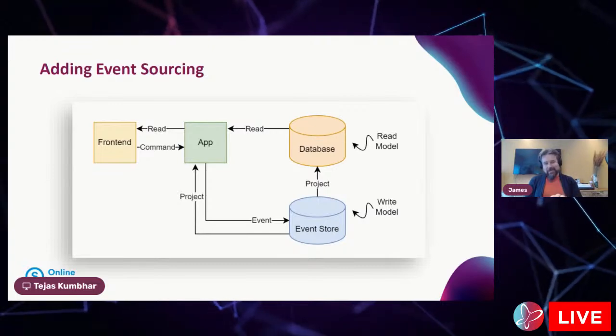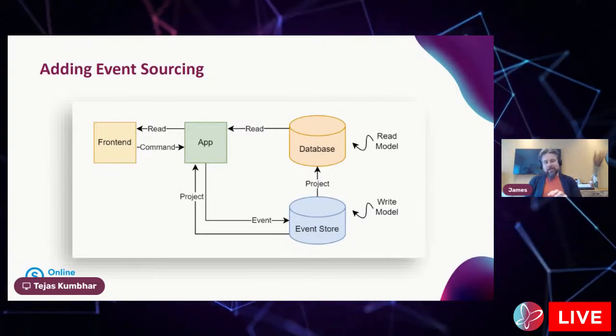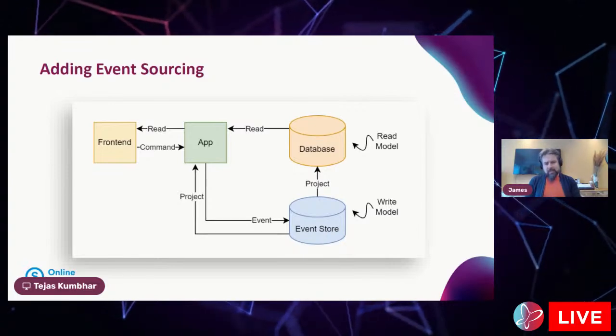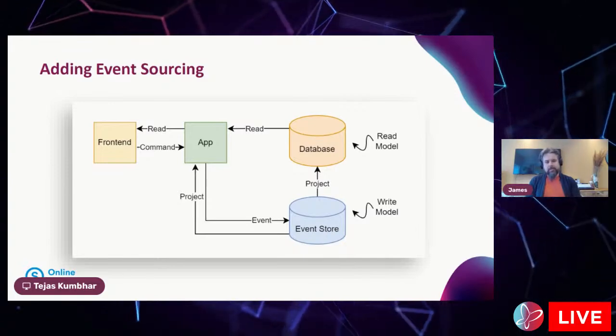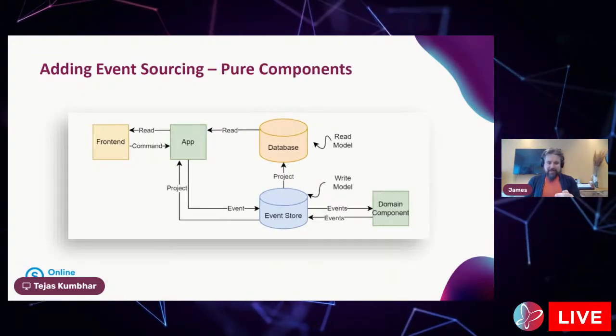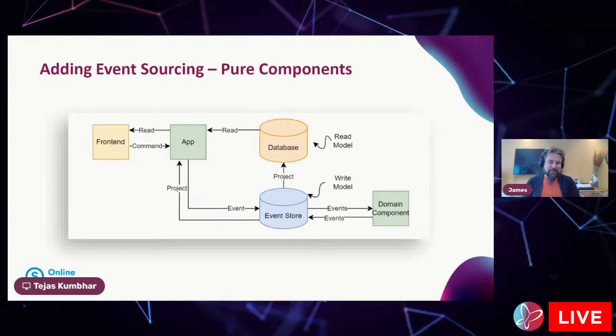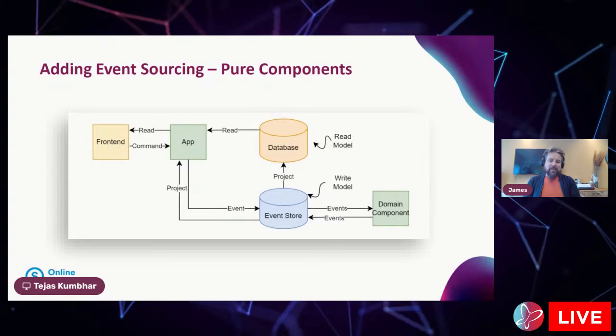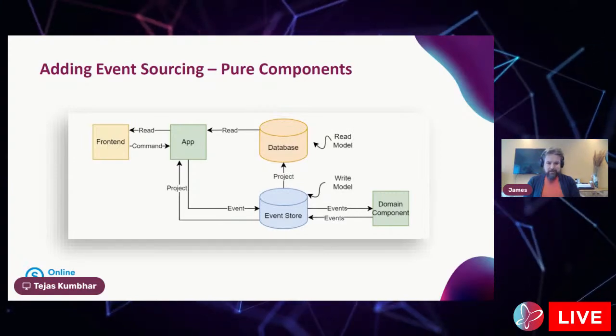I've given you this as a quick overview of how it's going to end up, and I've particularly emphasized the read model and the write model. It's not exactly the same as what we're using, so I've simplified things a bit, in particular the projection stuff.